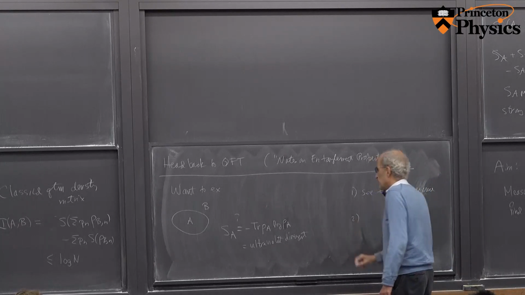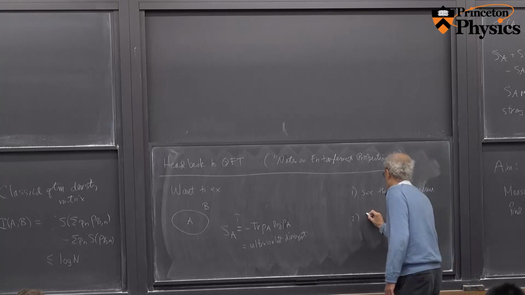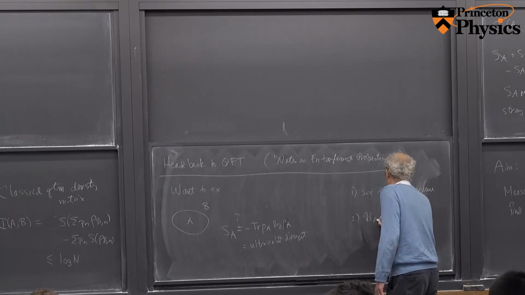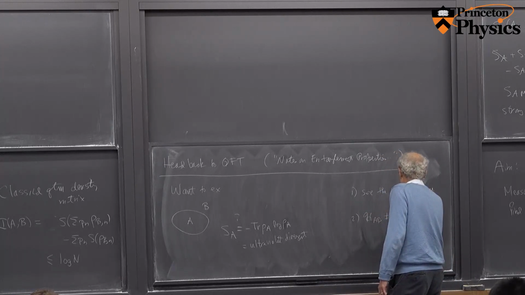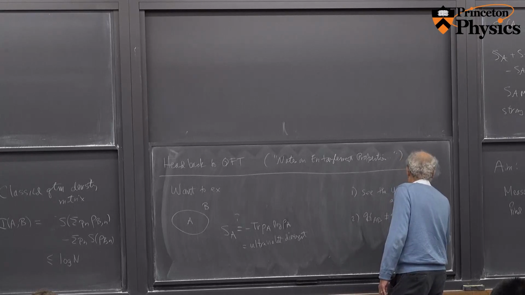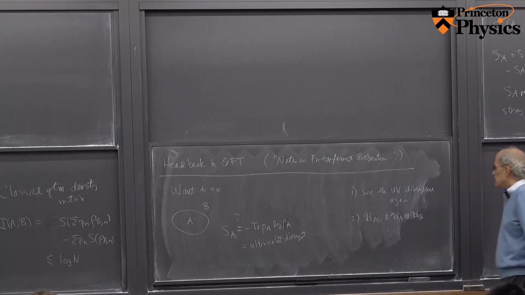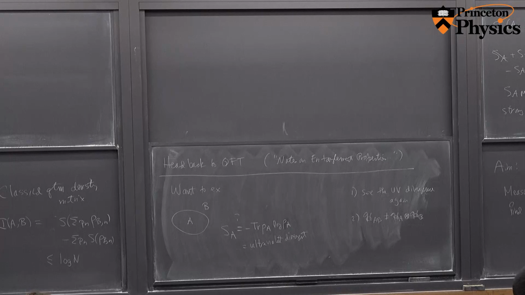Now the second goal, so I made the assertion, I think, in the Zoom lecture, that the ultraviolet divergence means that the Hilbert space of the combined system can't be factored as a tensor product of two Hilbert spaces.